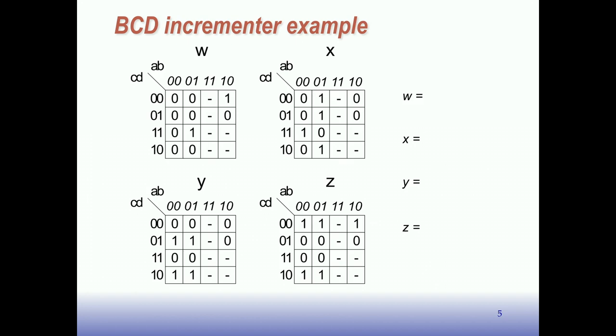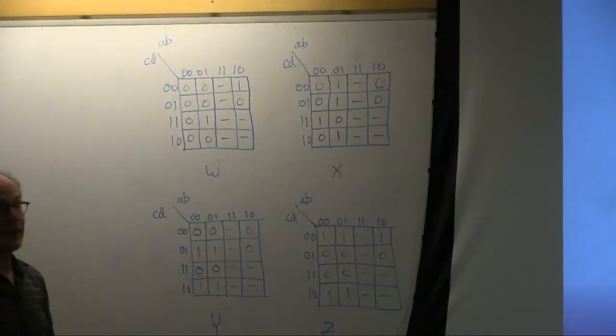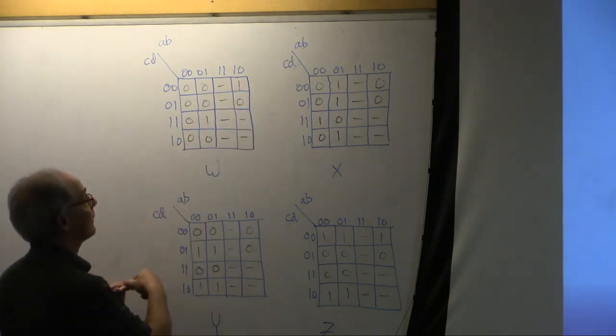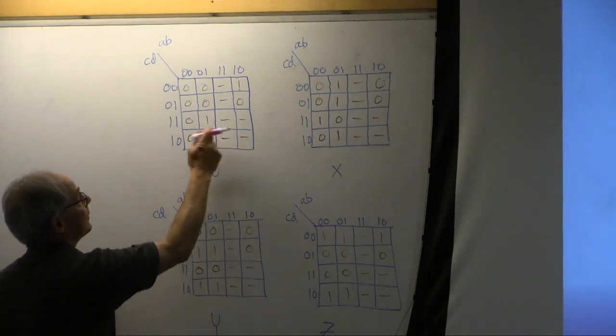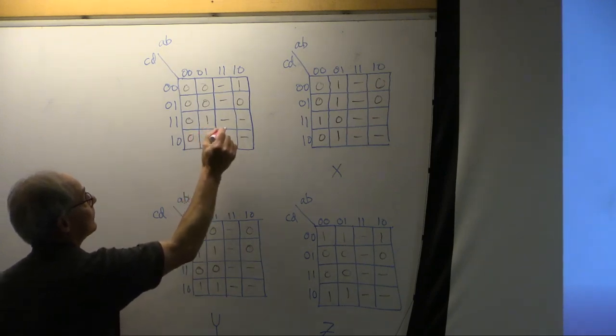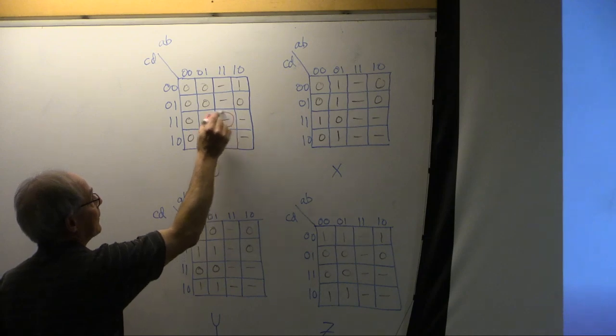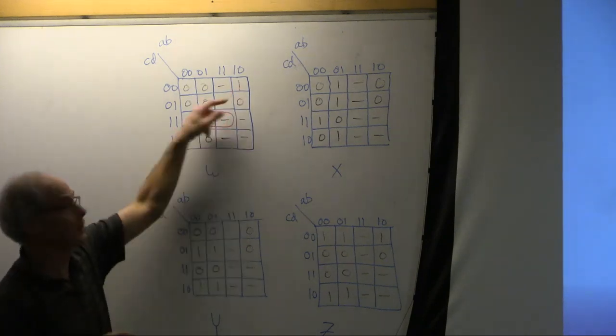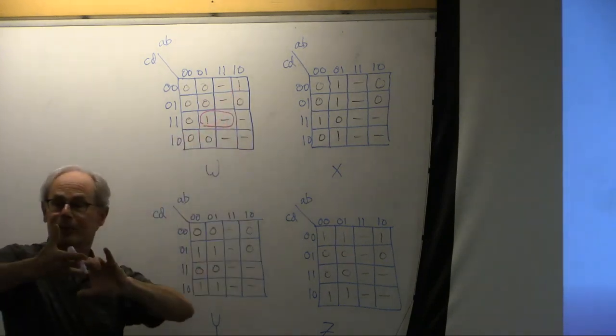So looking at W first, what we're going to do is capture all the 1s and cover all the 1s with the biggest groups possible, where the dimensions of the groups are powers of 2. So we have 1, 1 here and 1, 1 here. We can group these 2 ones together like that. And then we've got a 1 here. Remember, these tables wrap around.